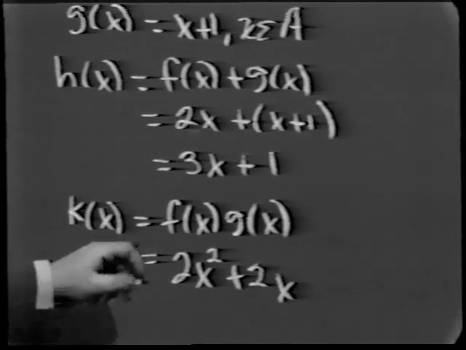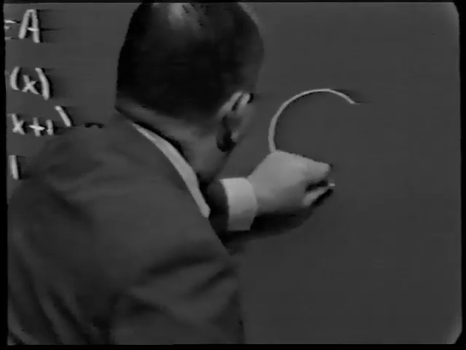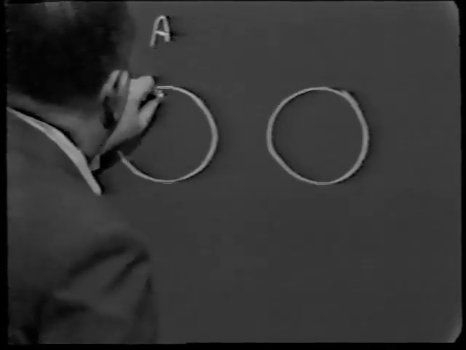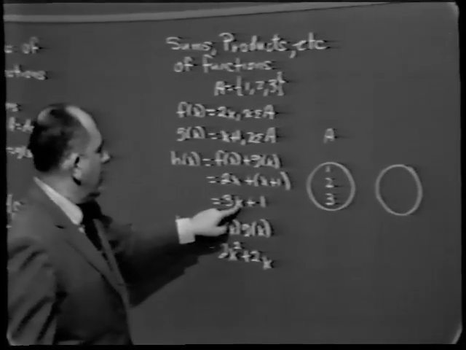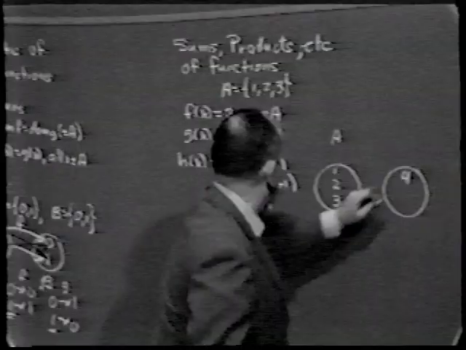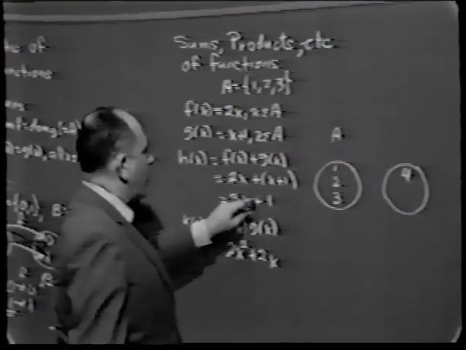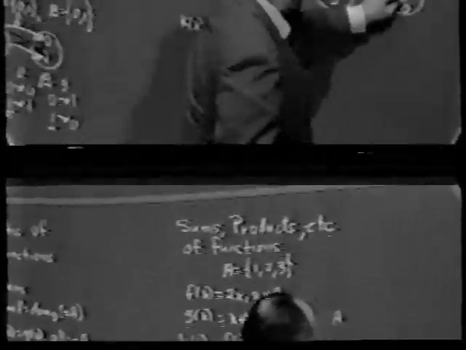Now, of course, this probably doesn't look too smooth because there's no pictures here. All we're saying is this. Here's A, and all you're saying is that if you add f and g, what do you get? If x is 1, 3x plus 1 is 4. 2 times 3 plus 1 is 7. 3 times 3 plus 1 is 10.